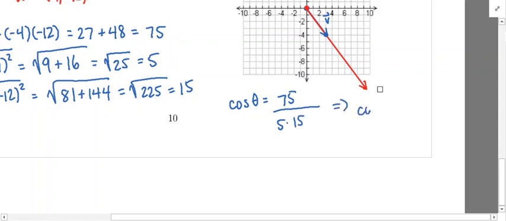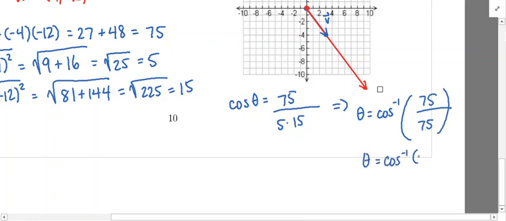If we want theta, it's going to be the cosine inverse of this quantity. Now let's check it out on the calculator. 5 times 15 is 75. Look at this, so this is going to be the cosine inverse of 1.